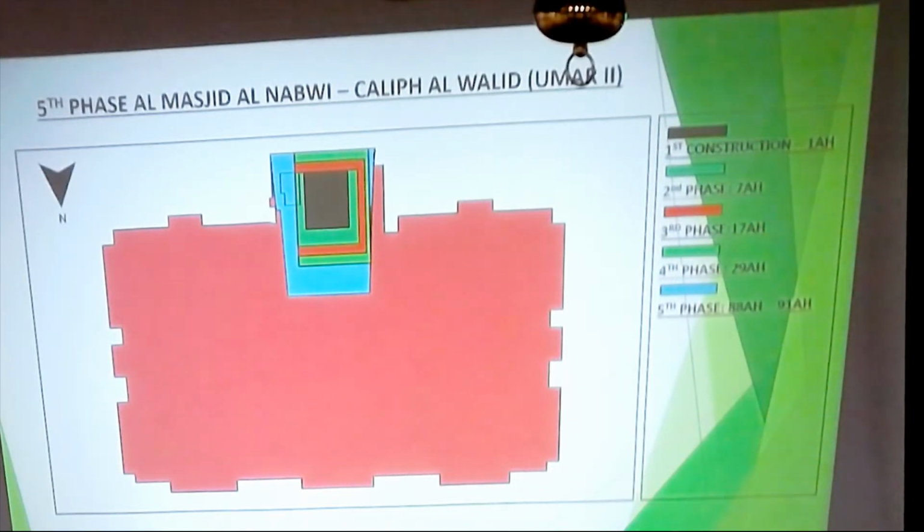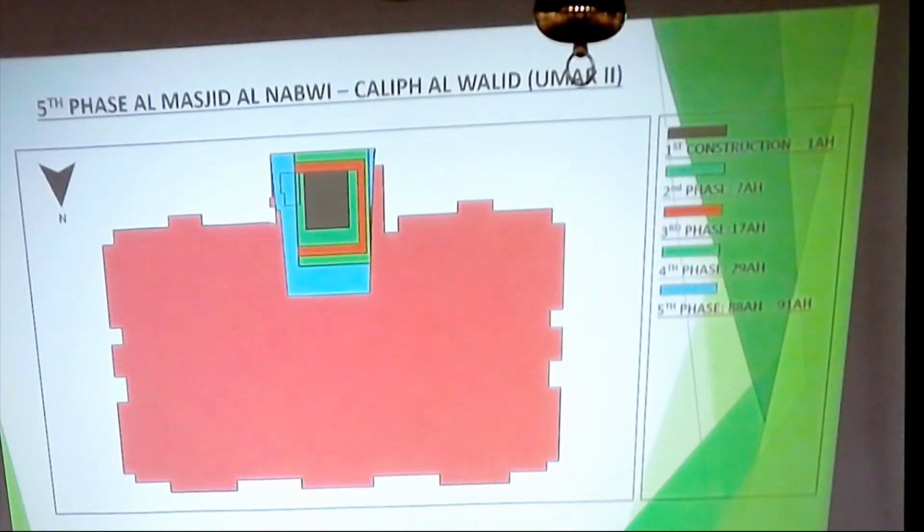In the 88th year of Hijrah, Umar ibn Abdul Aziz, under the instruction of Walid, was told to extend Masjid al-Nabawi. So he extended the Masjid al-Nabawi.